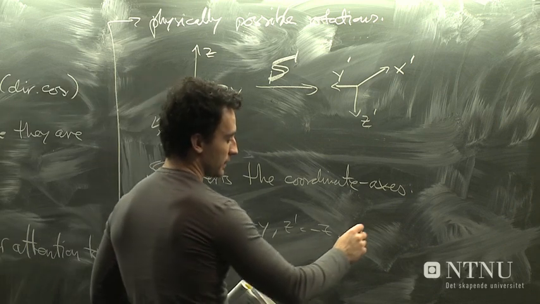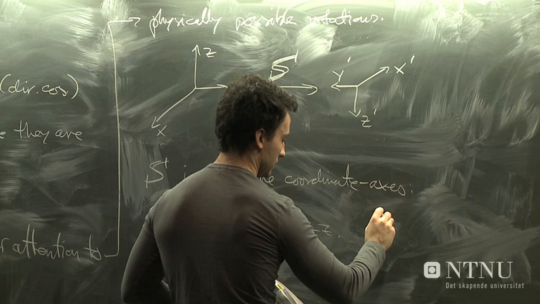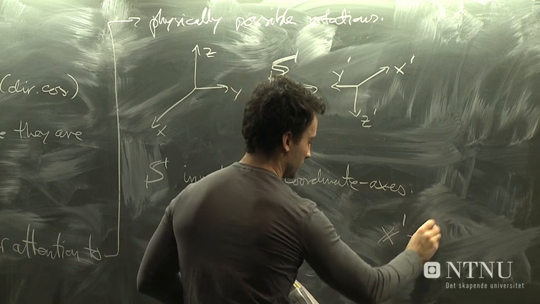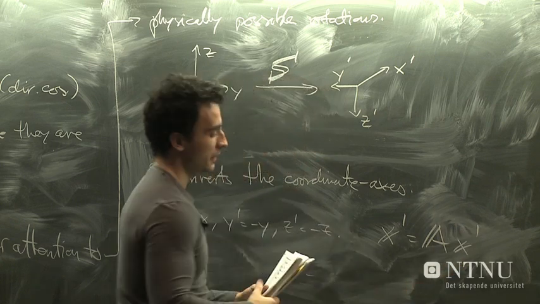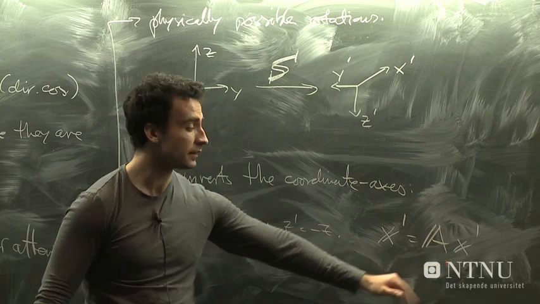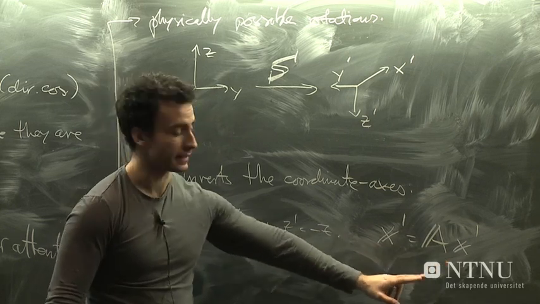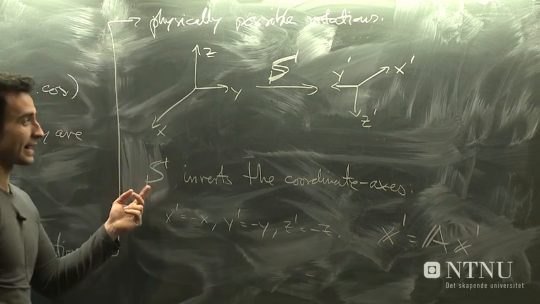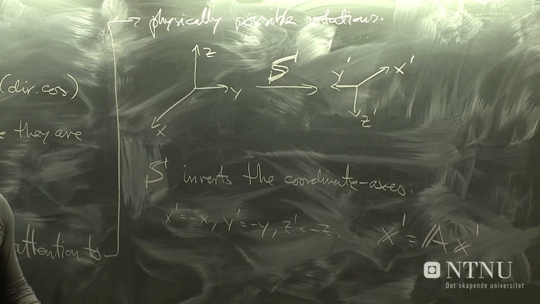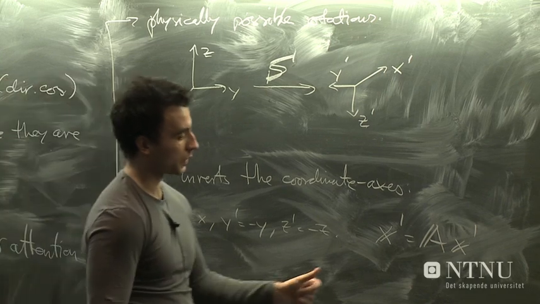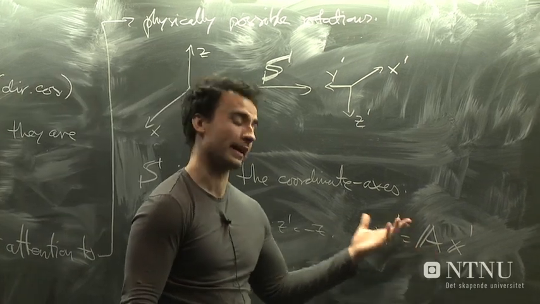So if we have that this is the general transformation equation, and in our particular case, A is equal to this S transformation, which inverts all the axes. What will A be? Or S, what will S be?